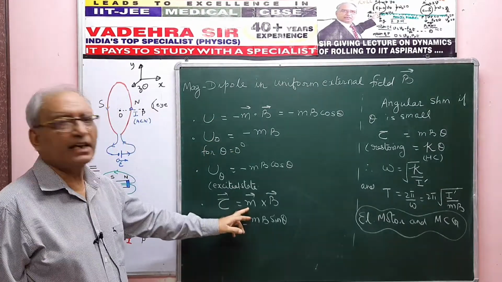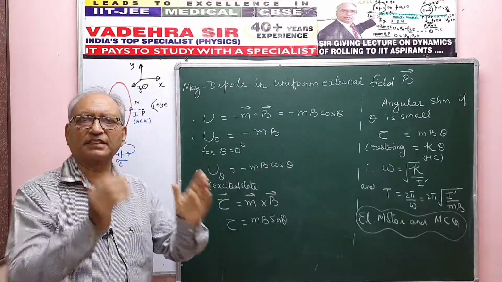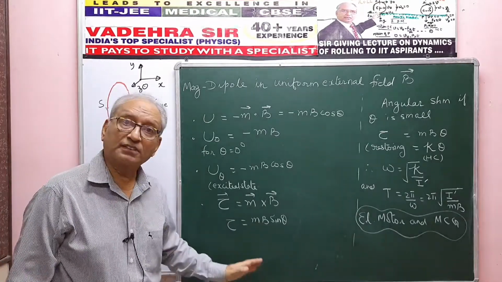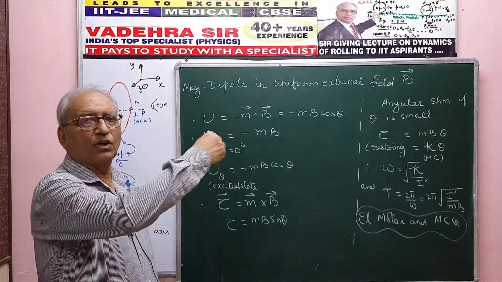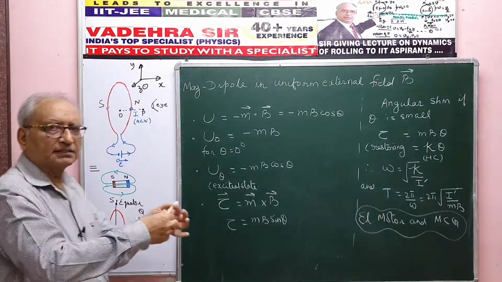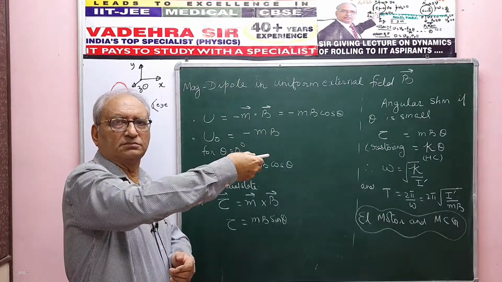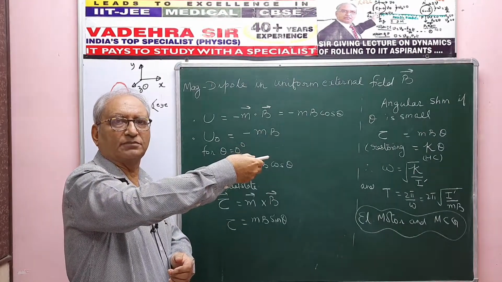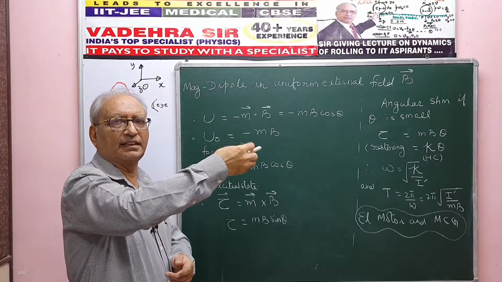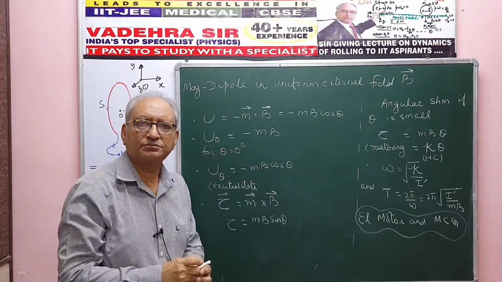Here it is M arrow cross B arrow. So easy, so simple. You just have to do a parallel study. So tau is MB sin theta. And what is the role of this tau? The tau will try to bring the dipole, now I am thinking of the dipole just like a bar magnet, back to the theta equal to 0 state. But due to inertia, it will overshoot. Then like this, it will execute oscillation.